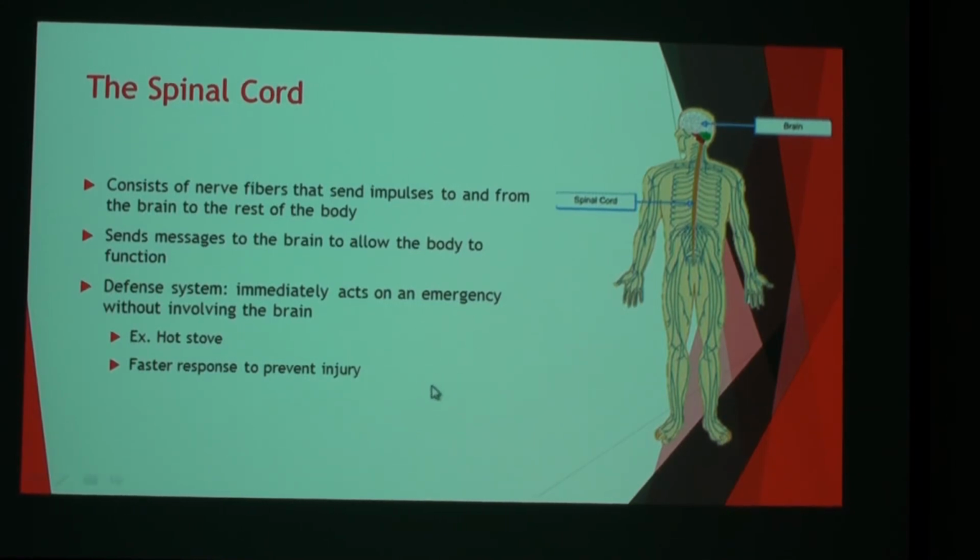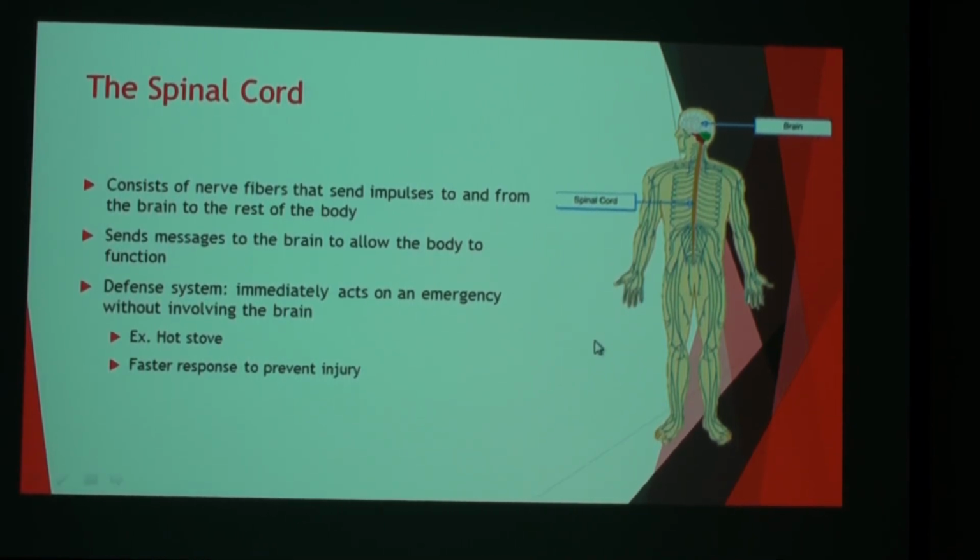But since it's something that can cause the body an injury, right away without contacting the brain, it's gonna send a message back, and it's gonna be like, take your hand off the stove, because you're gonna hurt yourself, you're gonna get burned or something.